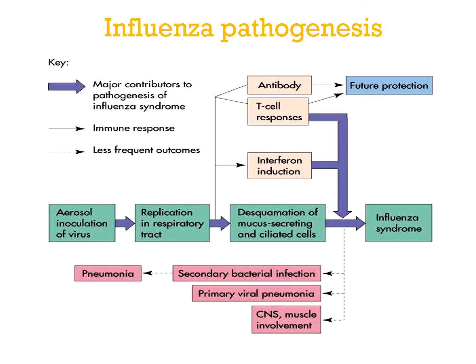Now let's talk about the influenza pathogenesis. So the influenza is transmitted to humans like other respiratory tract infections in the form of aerosolized viruses which are present in the aerosols, which result from sneezing, coughing, or even talking, and especially during the winter months.